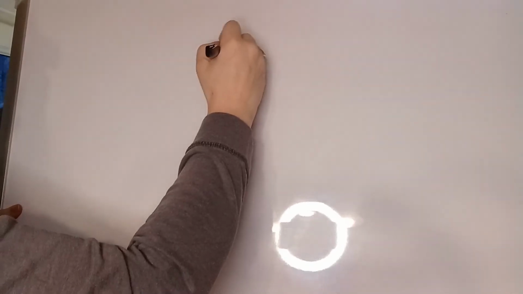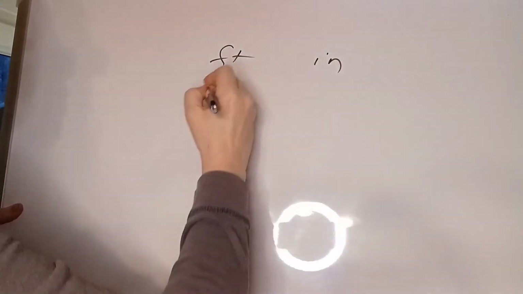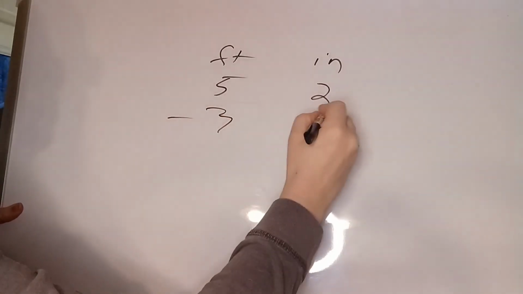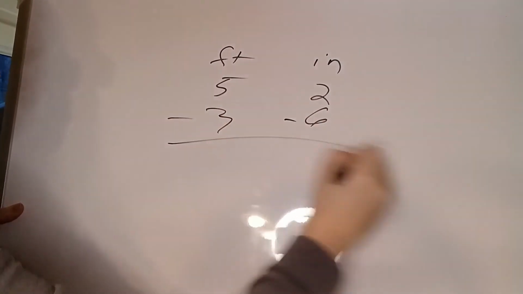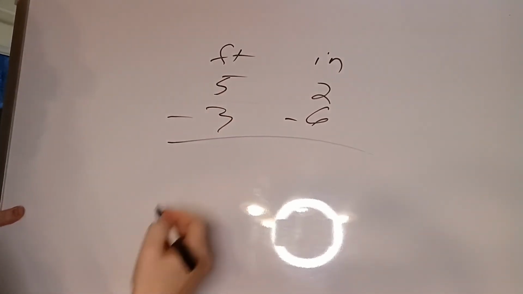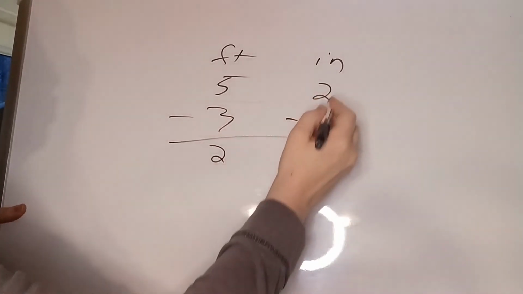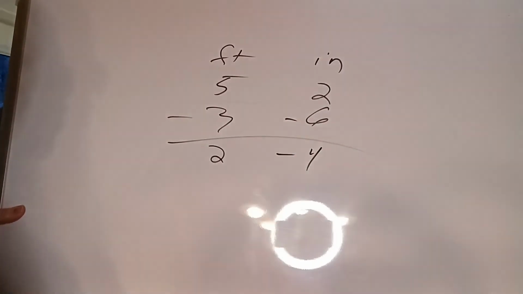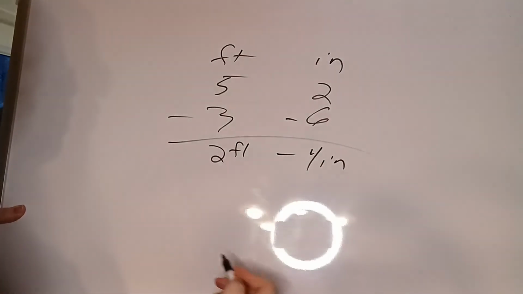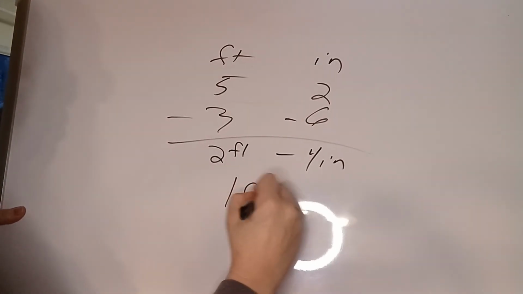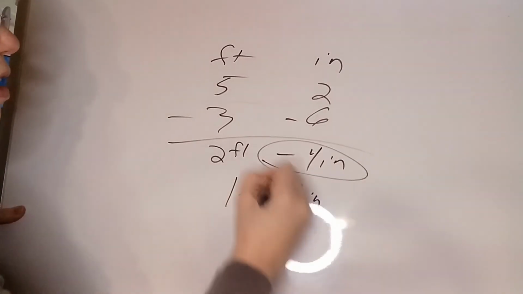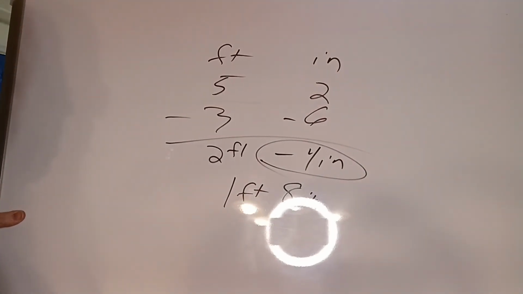For example, if we've got 5 feet 2 inches and we subtract off 3 feet 6 inches, we can do the subtraction without borrowing. 5 minus 3 is 2. 2 minus 6 is minus 4. So we have 2 feet minus 4 inches. Well, 2 feet minus 4 inches is 1 foot 8 inches. This is in our negative space.